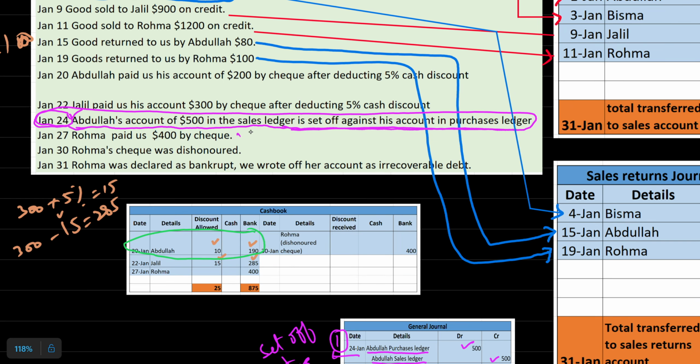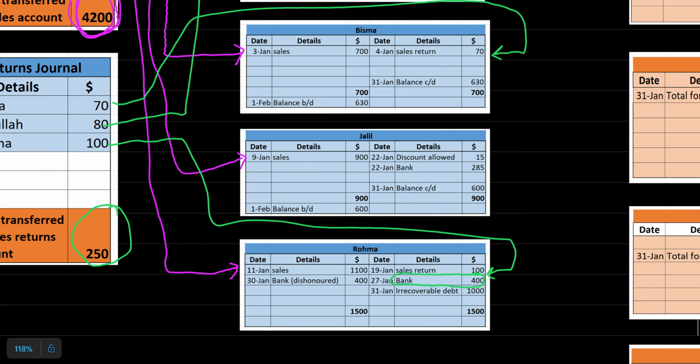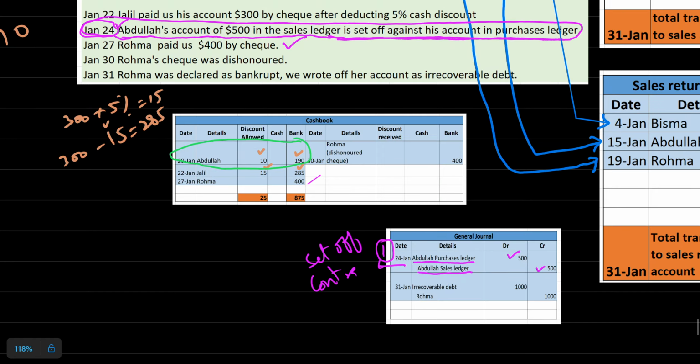Rohma paid us 500 has already been recorded and discussed, recorded on the debit side of the cash book and credited in Rohma's account. Now students, when we received a check from Rohma, it was debited in the cash book and credited in Rohma's account, but on 30th January, Rohma's check was dishonored.